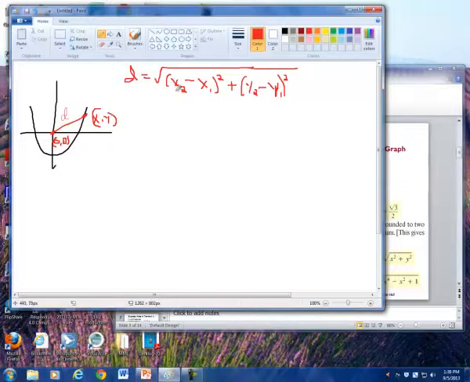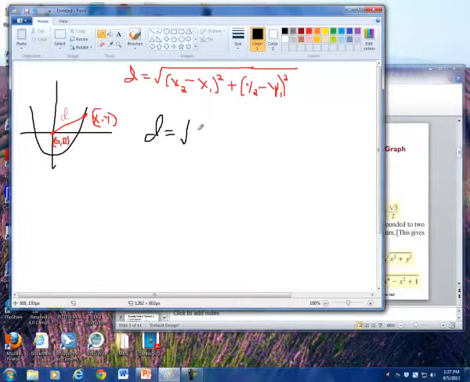And first thing we're going to do is look at the distance equation from the point (0, 0), and we're going to use that to construct overall our function in the long run.